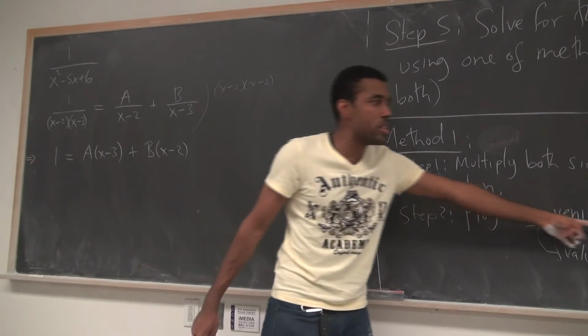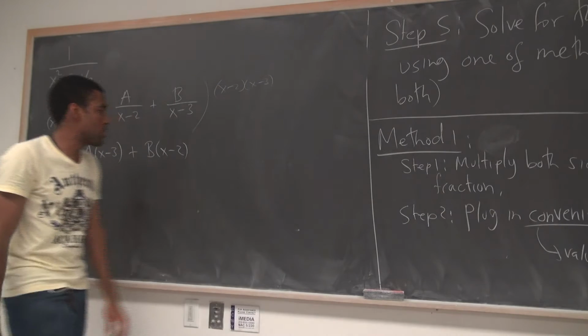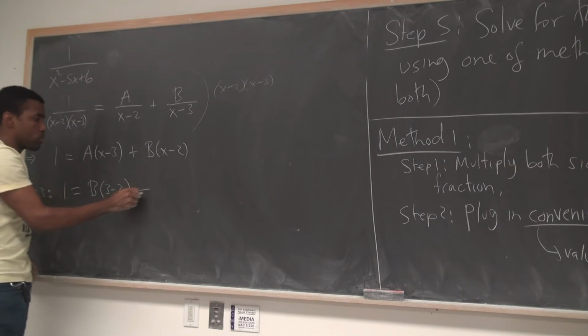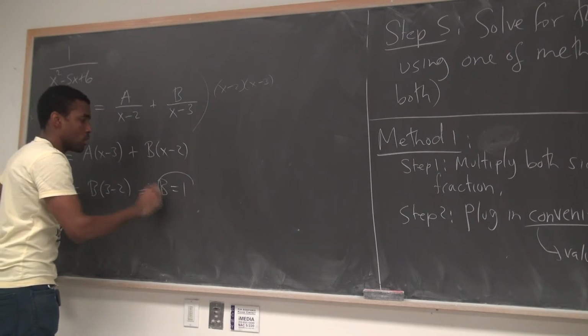We plug in convenient values of x. What would be a convenient value? 3, because that makes this term 0, and I can solve for B. Plugging in x equals 3, I get 1 equals B times 3 minus 2, so B equals 1.